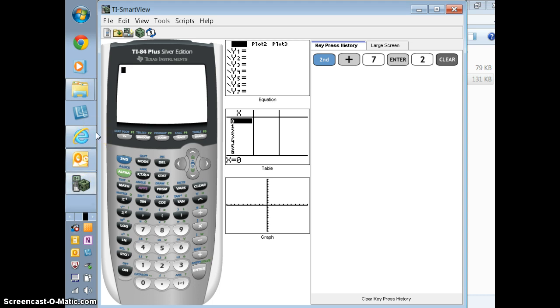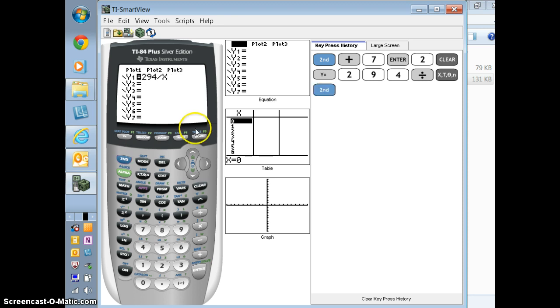So you're going to go to y equals, and we want to find out what numbers multiply to give us 294. So I'm going to type in 294, and then I'm going to divide by x. Okay, that x button, if you need help finding that, I can help you with that. Then you're going to go to your table.